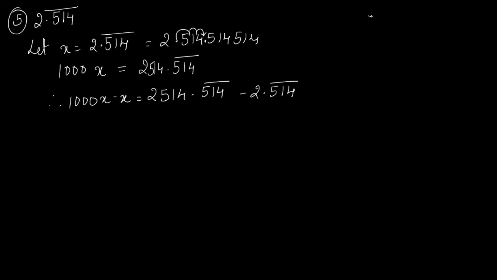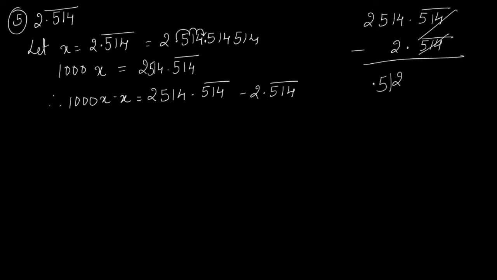Now I write it down in the rough column. 2514.514 bar minus 2.514 bar. This gets cancelled. Now let's do 4 minus 2 gives you 2, 152. So what's my answer over here? 999x is equal to 2512.